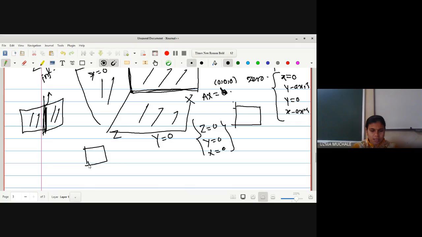Actually it will appear in 3D, like we drew here. Suppose I have some plane here and some another plane which will have a common intersection, or rather a common point. Try to imagine that we have three different planes intersecting at a single point, and at that single point we can have a unique solution.